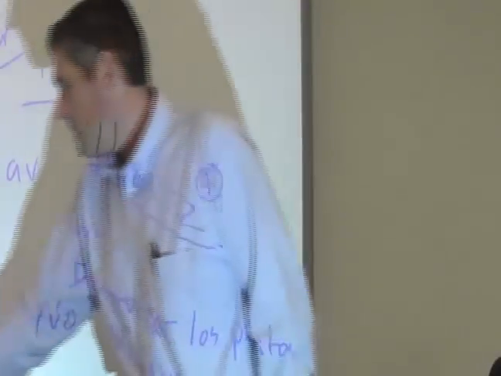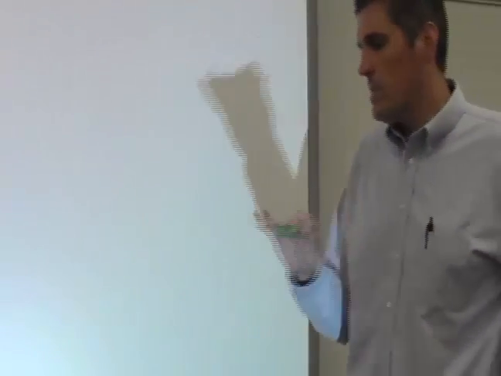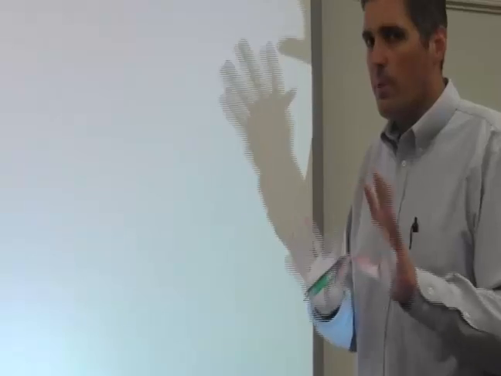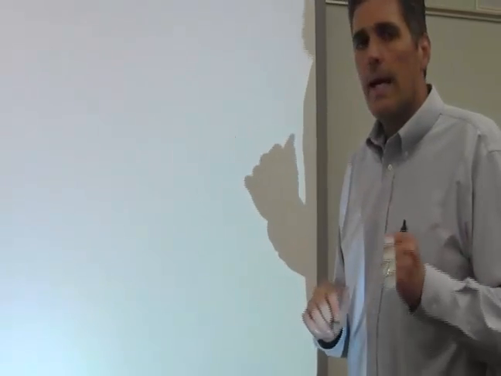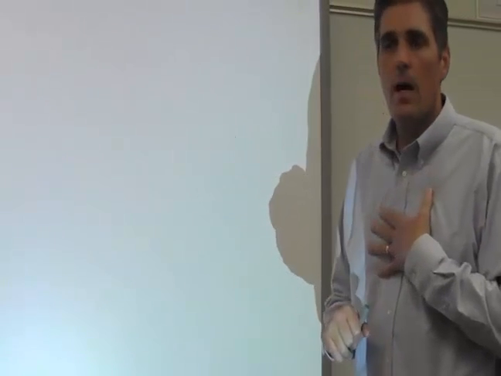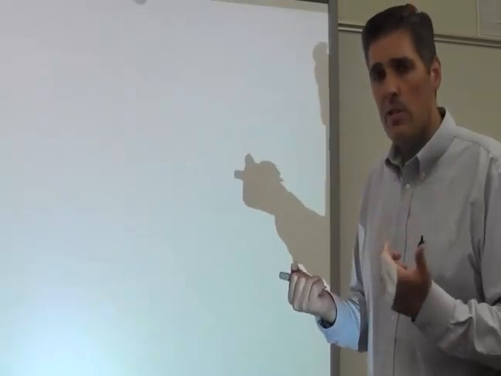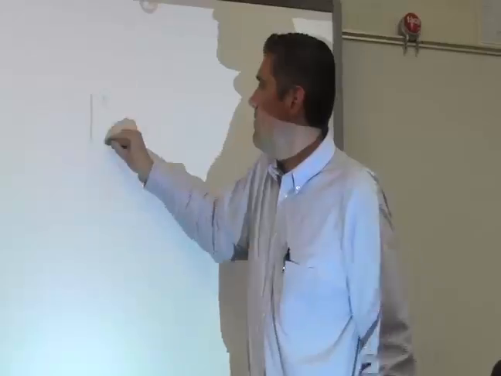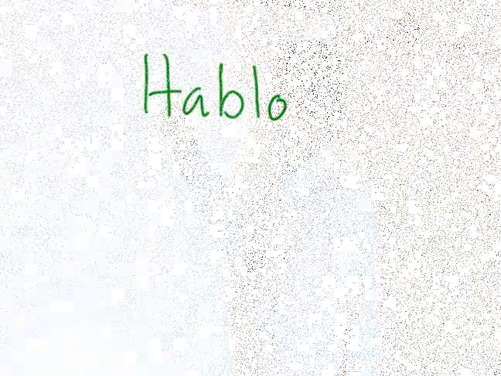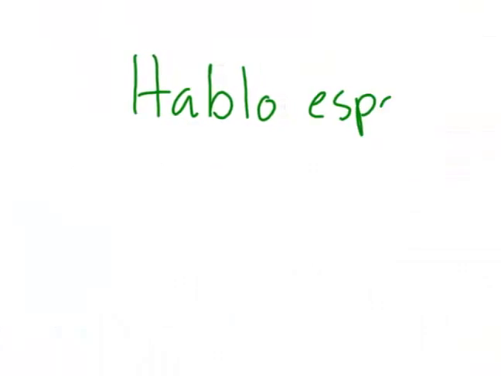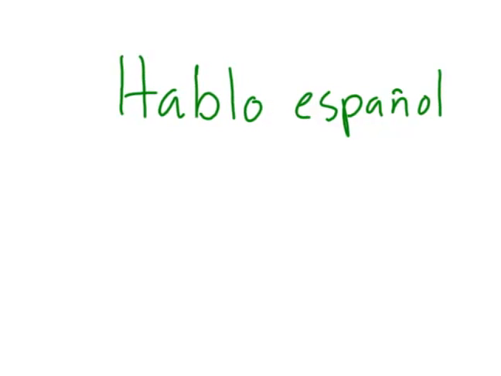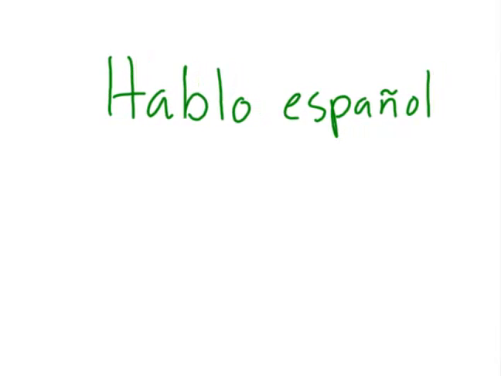That would be great. Okay, last thing in today's lesson is the present progressive. Now, present progressive, it's another conjugation, but it's pretty easy, pretty quick. Okay, if I were to say, hablo español, just as an example, does that mean that I am speaking it right now?